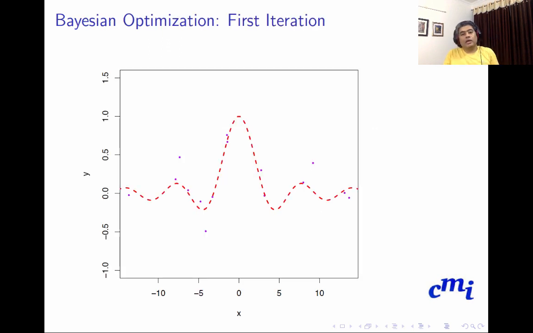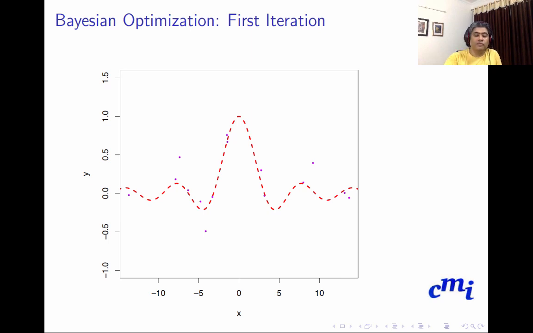So here the red dot function is the original function, and I start with only 15 values. There are 1, 2, 3, 4, 5, 6, 7, 8, 9, 10, 11, 12, 13, around 15 points. You can see there are some purple points. Now based on these 15 points, this is the first iteration I am doing.